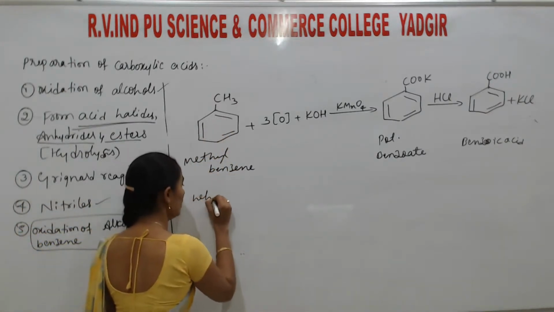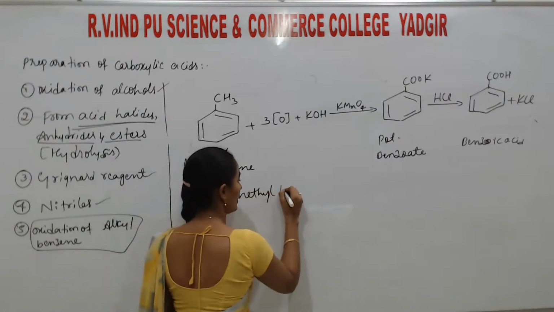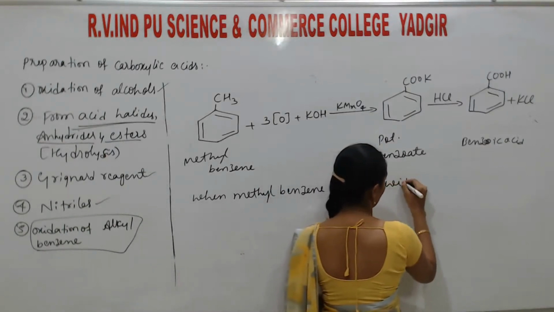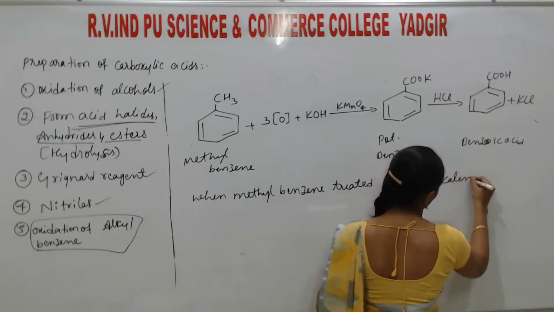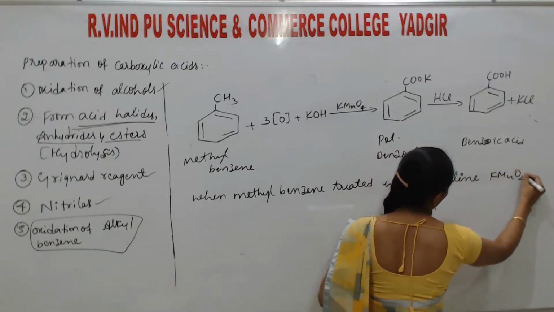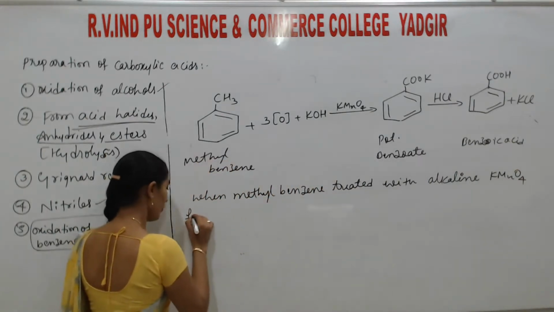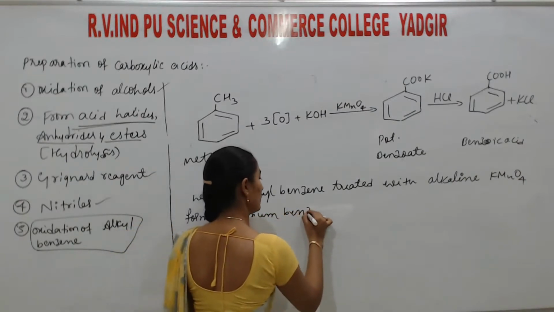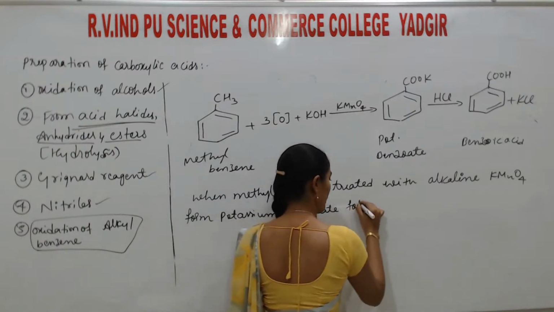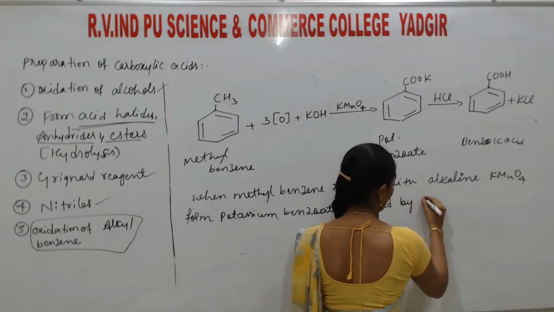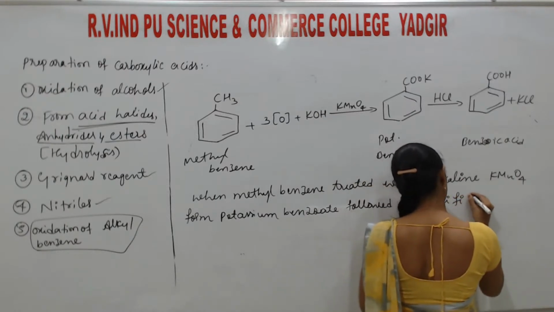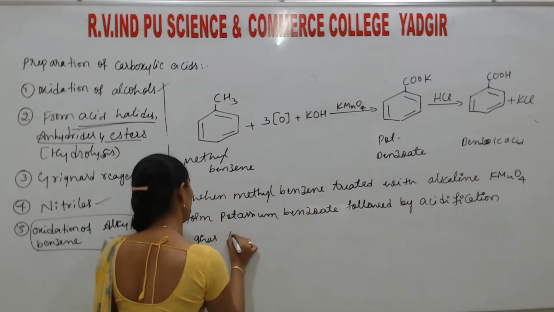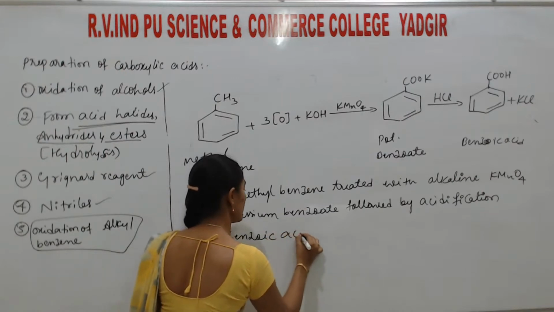So here methyl benzene treated with alkaline KMnO4 forms potassium benzoate, followed by acidification gives benzoic acid.